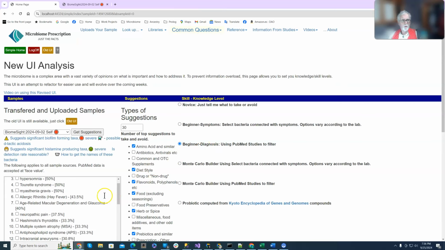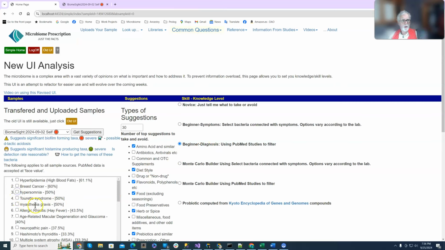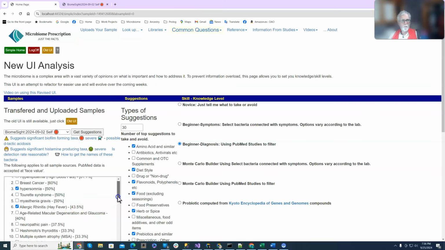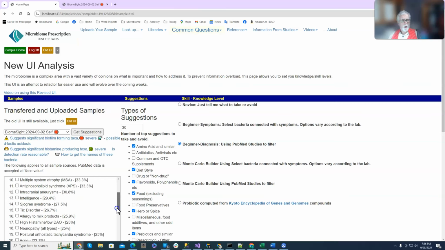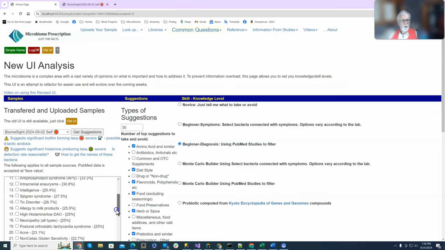So what we do is we go down here and we check any conditions which happen to be matched, and the degree of matching is there. So you want the ones with higher match, but you can do as many as you want. I think this person indicated something about coagulation issues, probably APS.